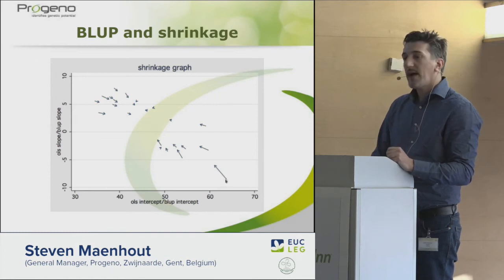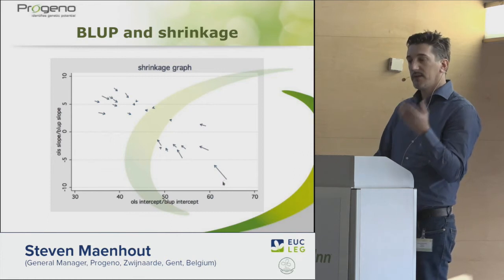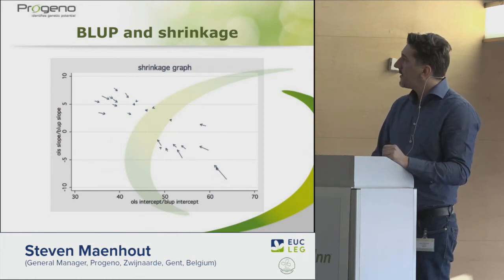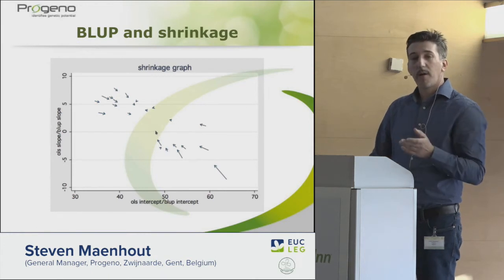The start of the arrow would be the least square estimate, so if you would have just put it in the fixed effect. The end of the arrow is the BLUP. Now, if you notice, all arrows are pointing to the same position, namely the center here, I think, more or less. So the average of the population.